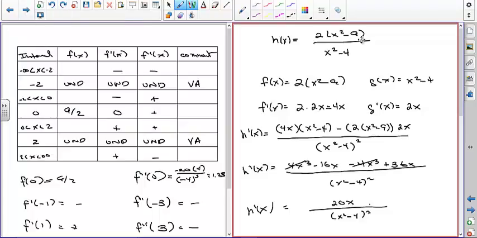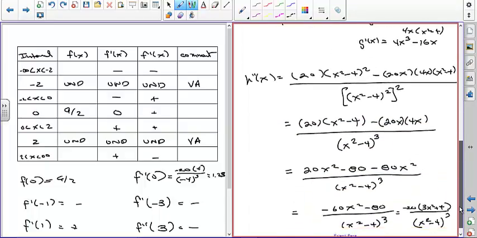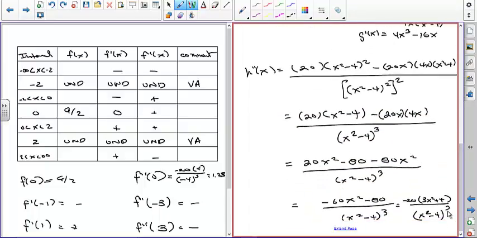We took the second derivative by using the quotient rule again. We were able to simplify it down to this. Because this is always positive, there's no 0. There are no values of x where the second derivative goes to 0. So we didn't have any cases where we could put a 0 in this column.